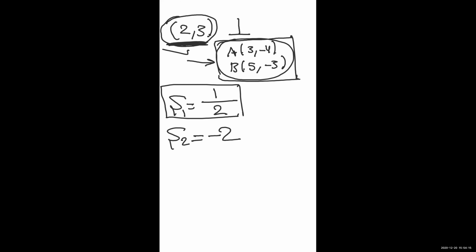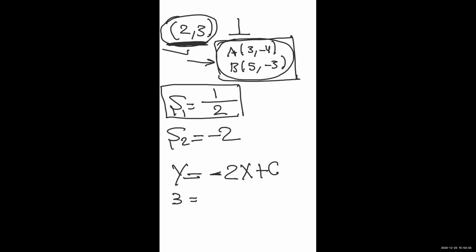Okay, so now the equation: y will equal negative 2, which is the slope, x plus c. Now the straight line passes through (2, 3), so it satisfies the relation. So x equals 2 and y equals 3.